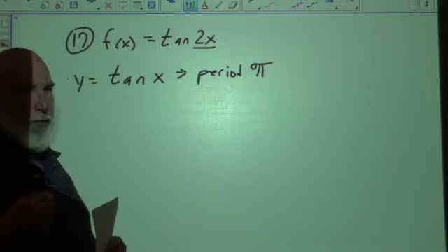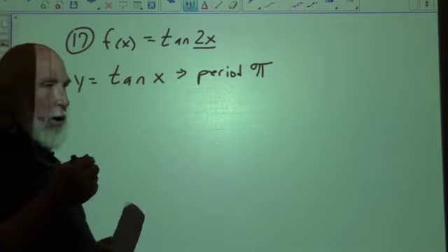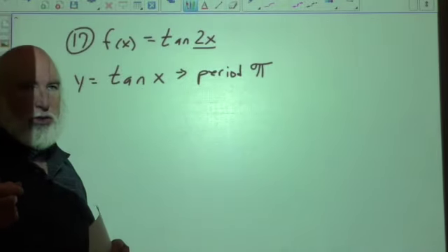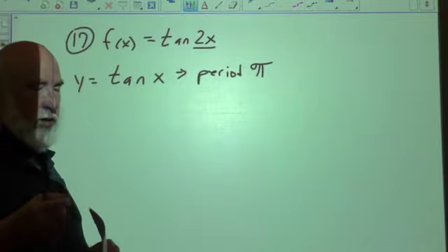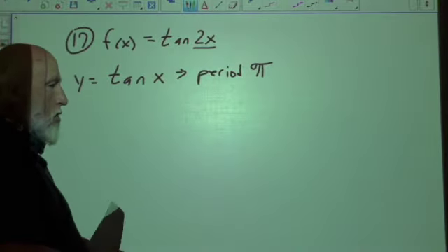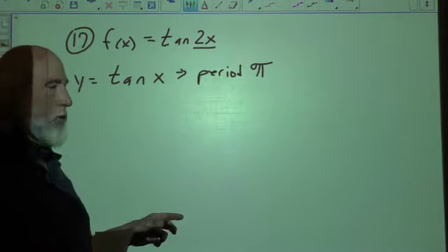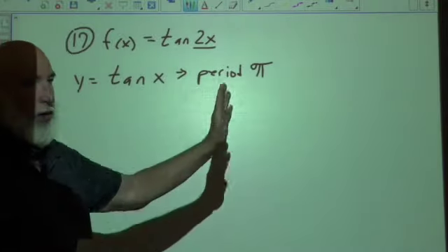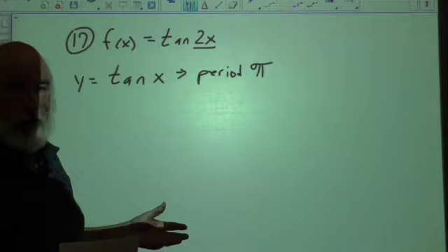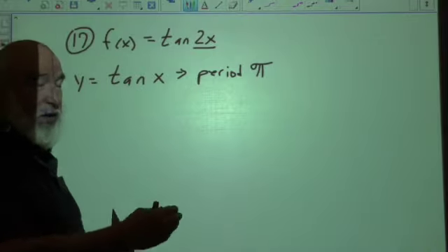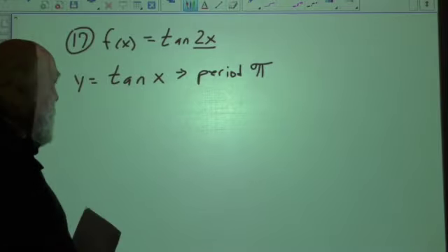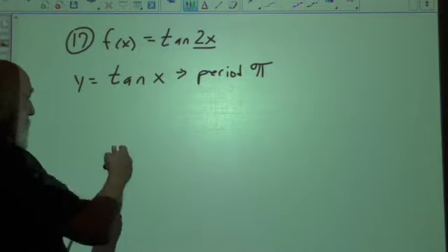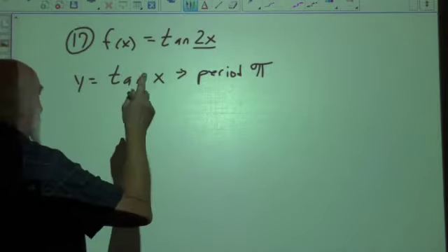Now, the default mode for Zoom 7, which is the trigonometric default, is pi over 2. So you can look at that and see how the curves repeat every pi over 2, or every pi. I think it's pi for the tangent of x.